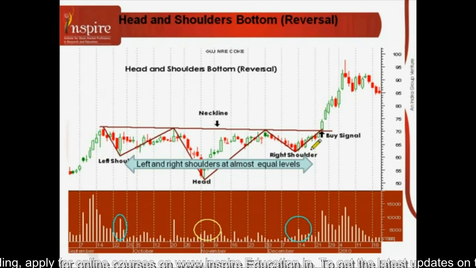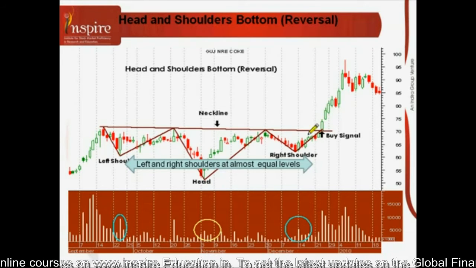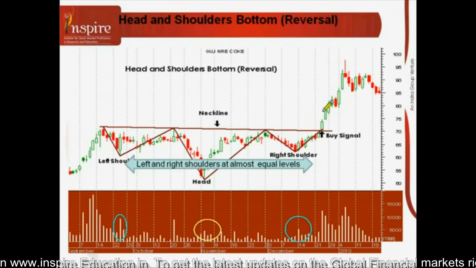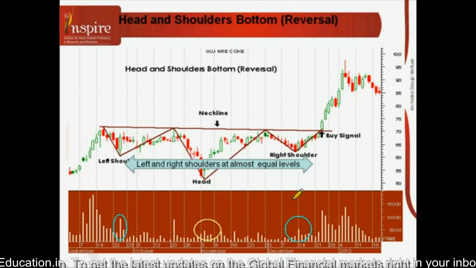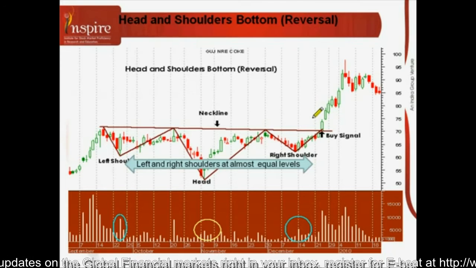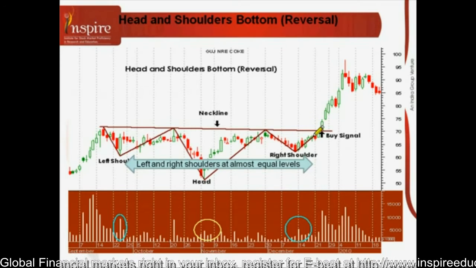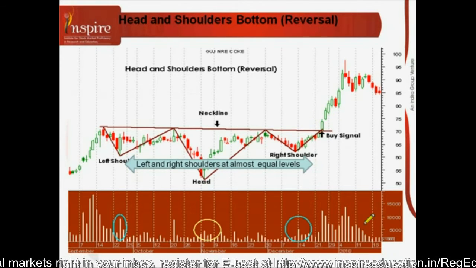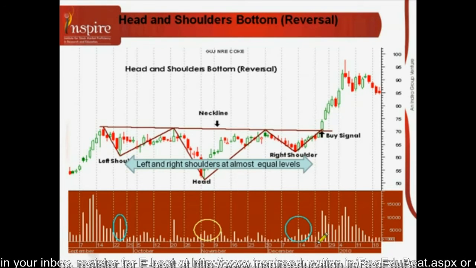But there should be a burst in the volume when the neckline is broken. The pattern is not viable in its form if there is no breakout in the volume at the breakout in the pattern. At the completion of the pattern, it is important that the volumes also give a breakout.